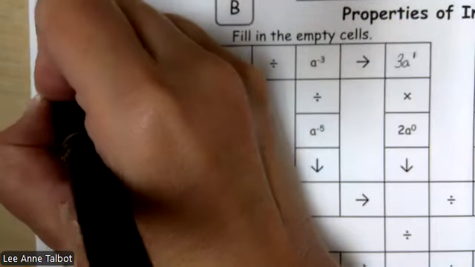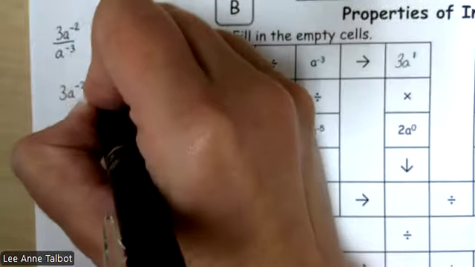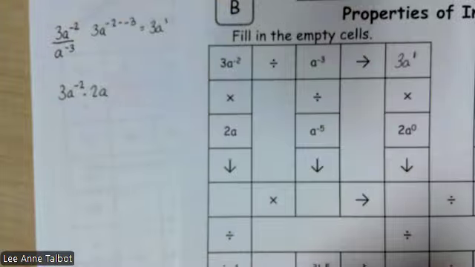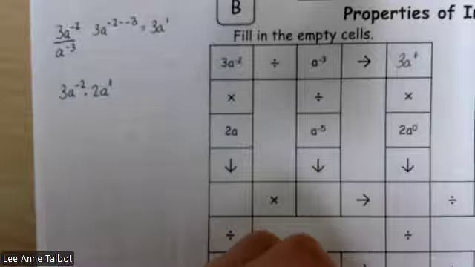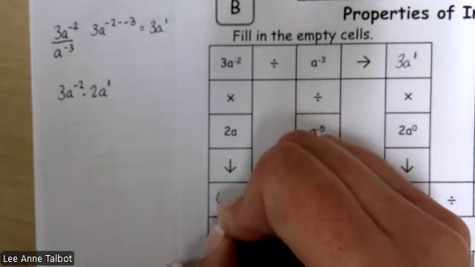Okay, now we're going to go this way. 3a to the negative 2 times 2a. Okay, so the plain A has a 1. What's the answer for this one? And just leave the negative exponent, it's okay. 6a to the negative 1.